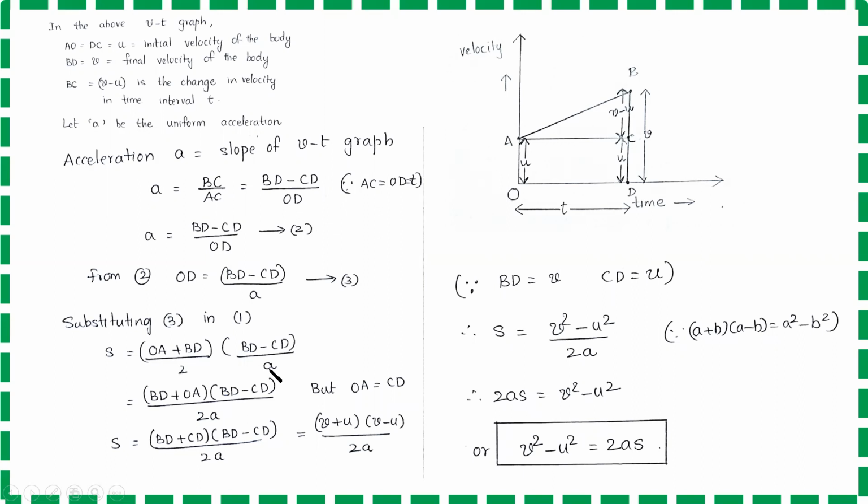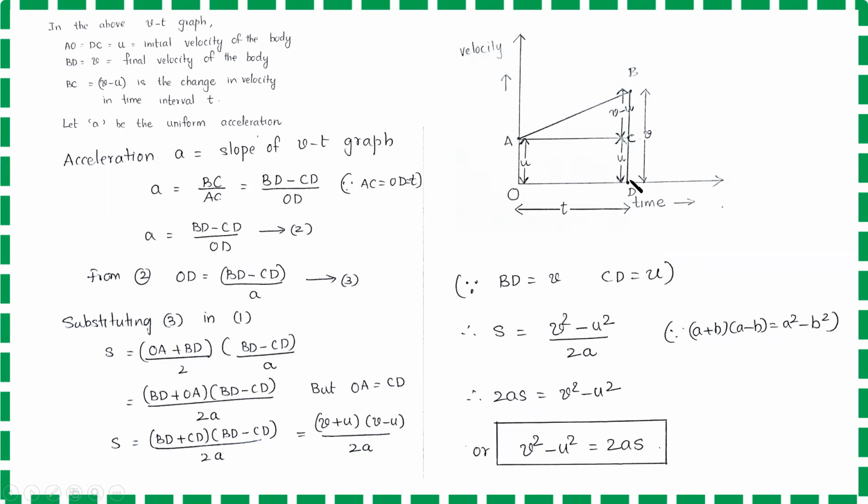But we know OA is equal to CD, so in place of OA we will replace it with CD. Therefore, (BD plus CD) into (BD minus CD) divided by 2A.